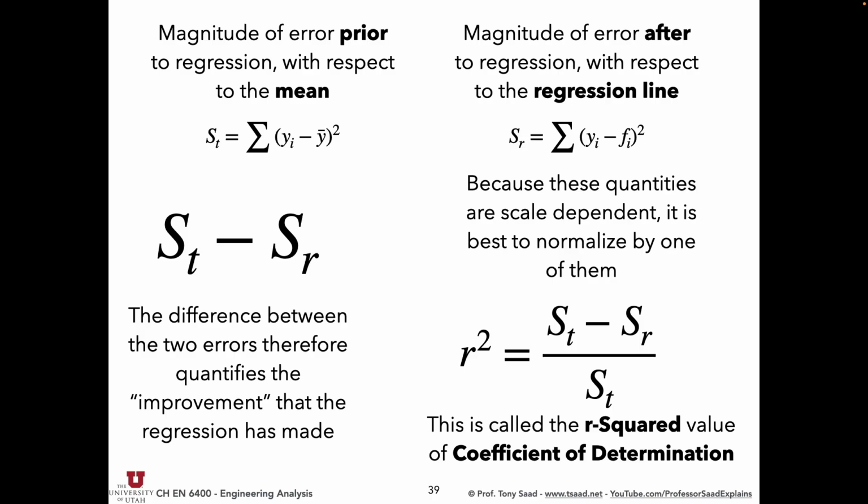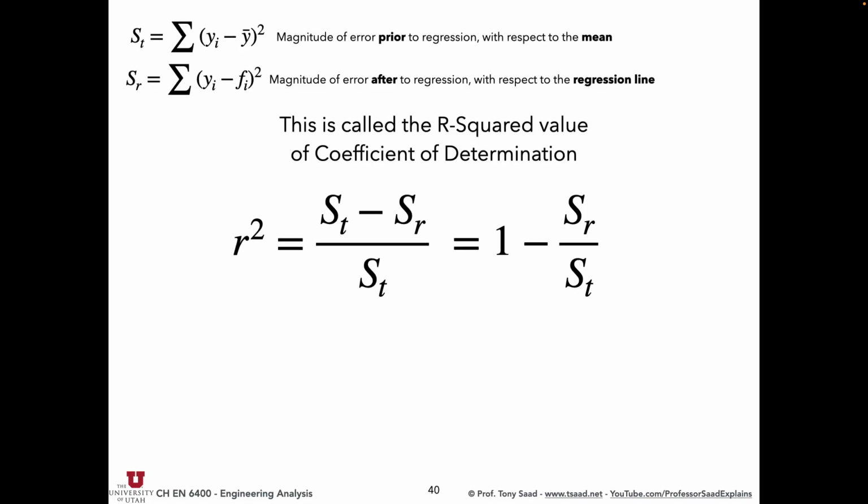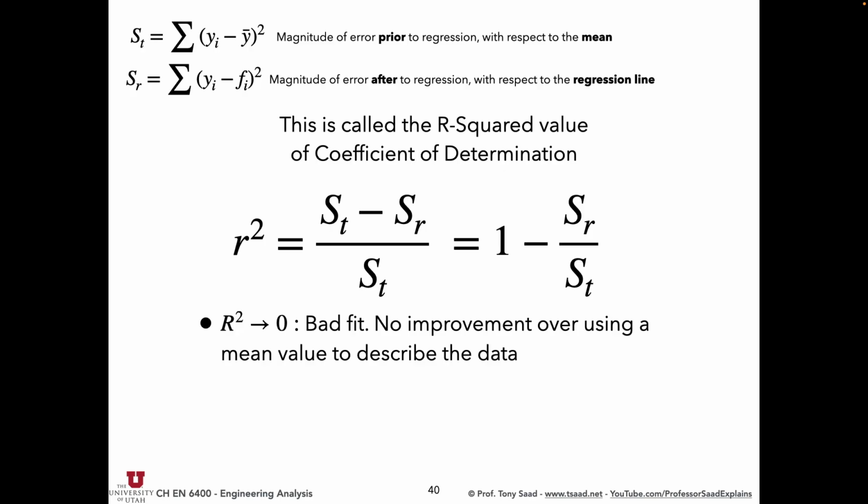If R squared is close to 0, intuitively, don't just remember 0 and 1. Think about mean compared to a curve. If you're not improving on the mean, you have a bad fit, and then you should just use the mean to represent the data. If your curve is better than the mean, then you're going to have a good fit.